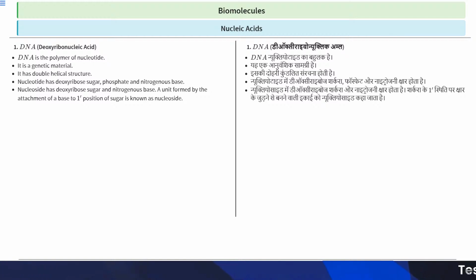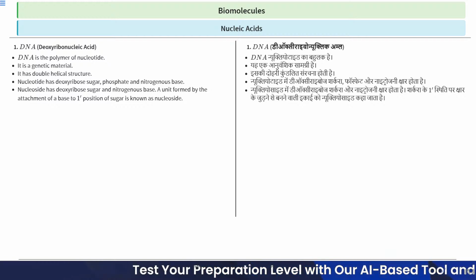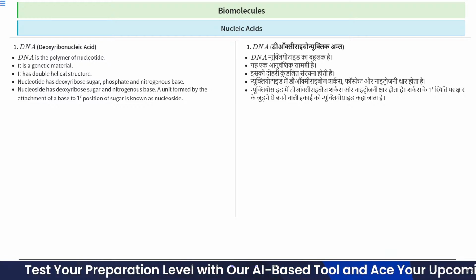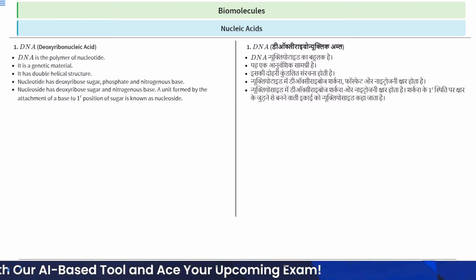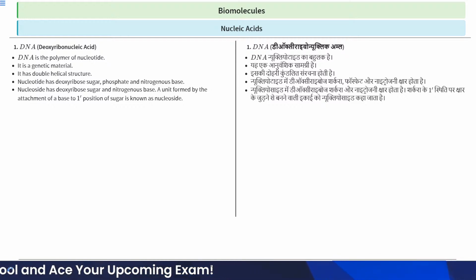So when a nitrogenous base is attached at the first position of deoxyribose sugar, you get a nucleoside. In the nucleoside there is no phosphate present, but in a nucleotide there are three: deoxyribose sugar, phosphate, and nitrogen base. All three are present.